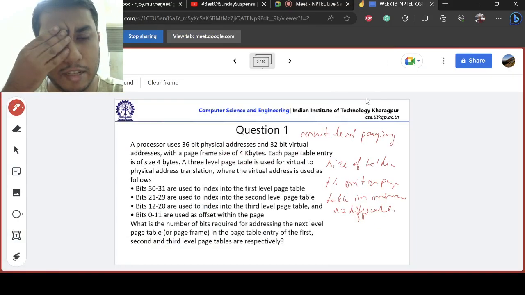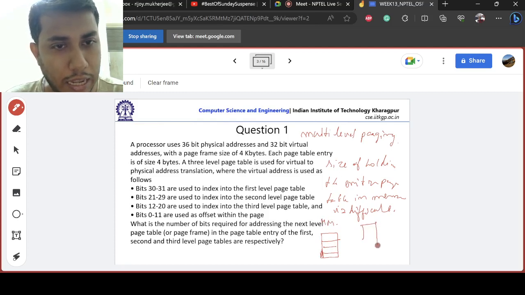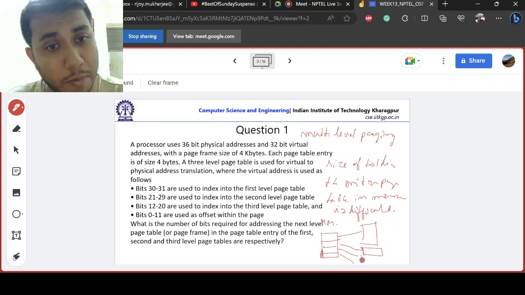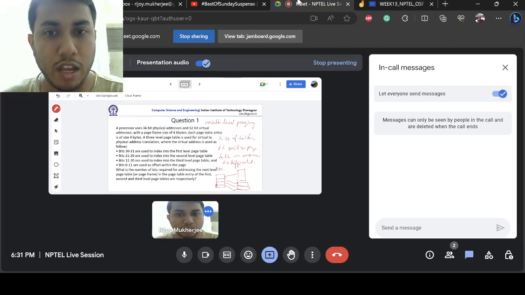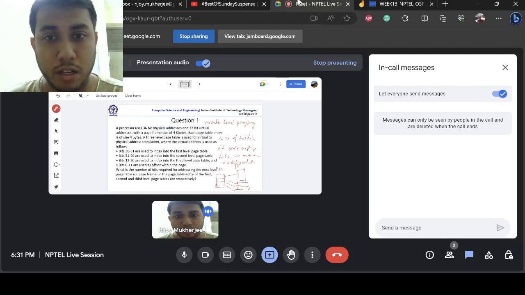What happens in a multi-level page table is that the first level of the page table is actually in the main memory, and each entry of this first level page table basically points to another page table.